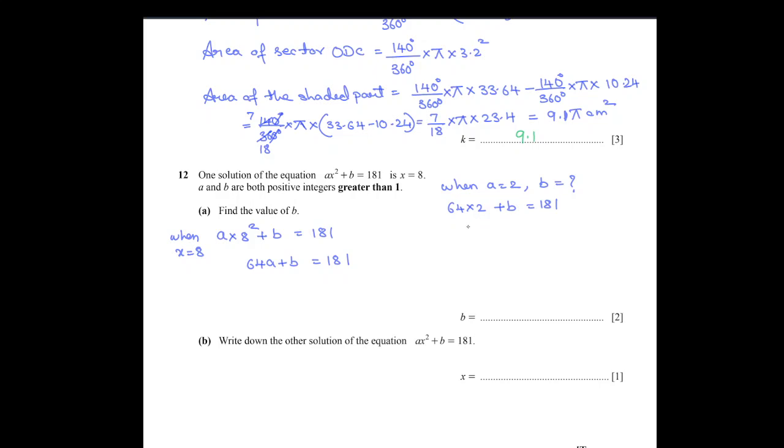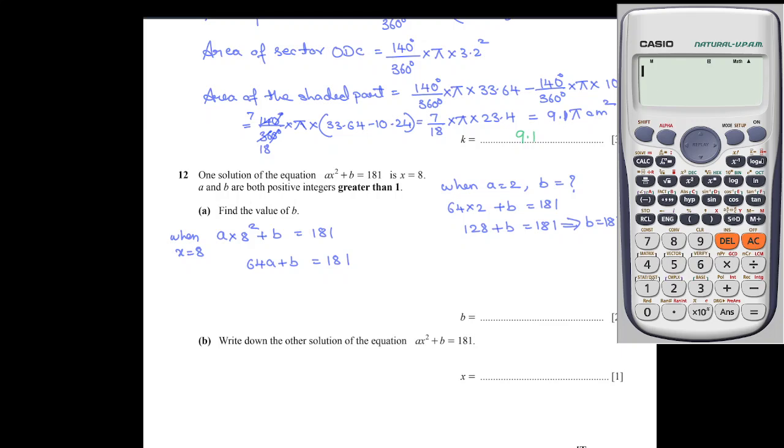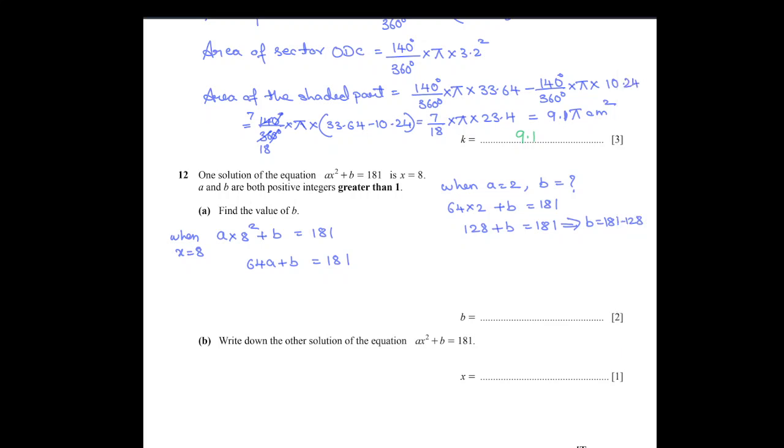So 64 into 2 is 128 plus b is equal to 181. This will give you b is equal to 181 minus 128. How much will it be? 181 minus 128, 53. So b is equal to 53.